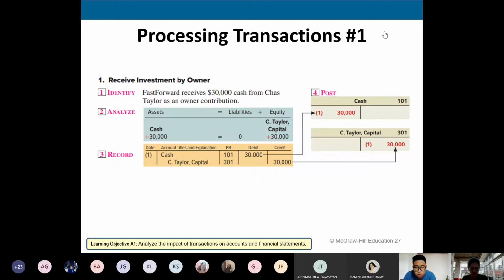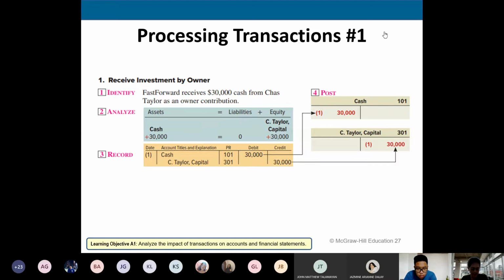The owner contributed a non-cash asset in the form of machinery and equipment amounting to 1 million. Anong entry? Ganun din, papalitan mo lang yung cash. Debit ka ng machinery and equipment. Pag nag-increase ang asset mo, ide-debit mo, based on our rules of debits and credits.